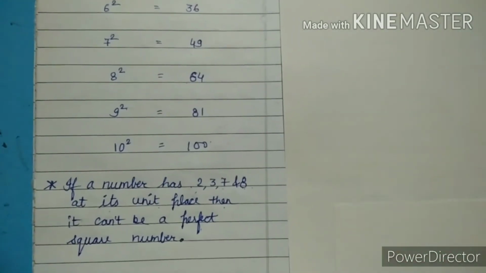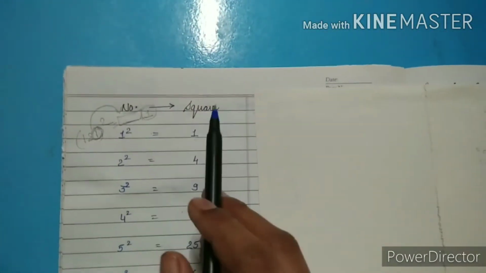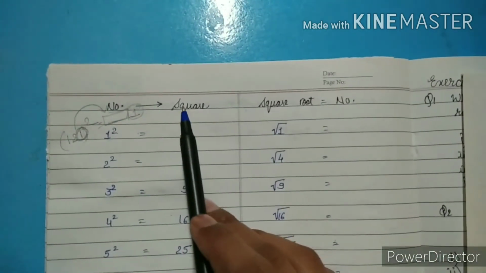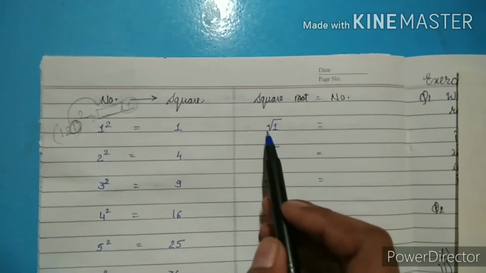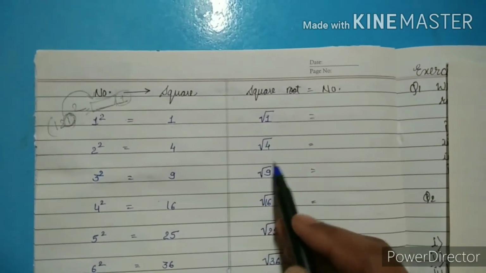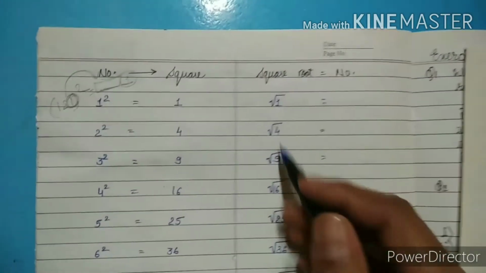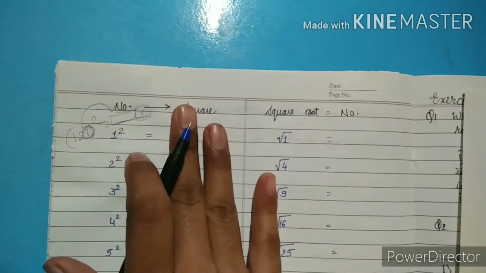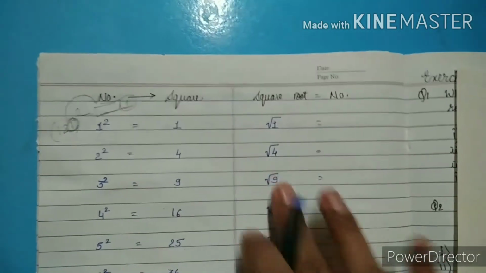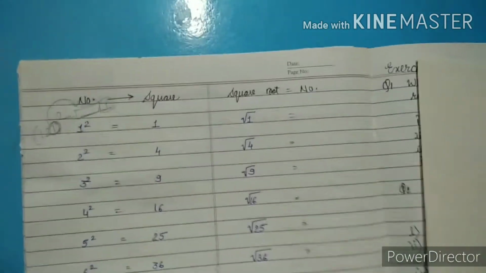Now it's the opposite. Here we took a number and its square. If we take the square root, we get under root 1, under root 4, under root 9, under root 16. When we take the square root of a square, how does the square root come?